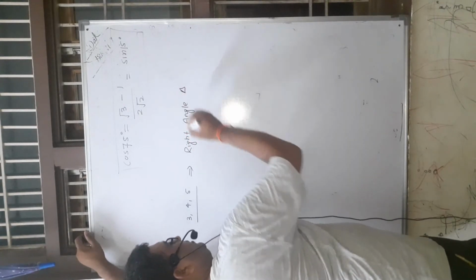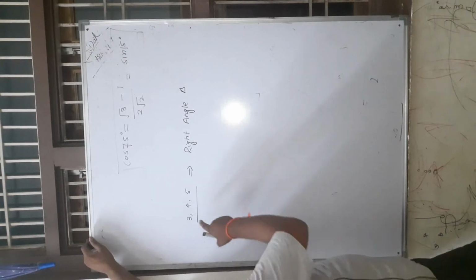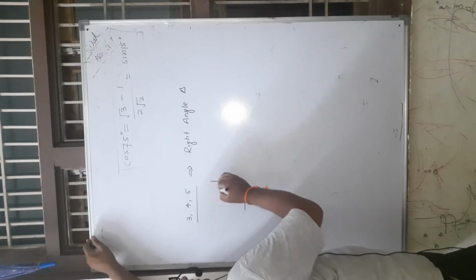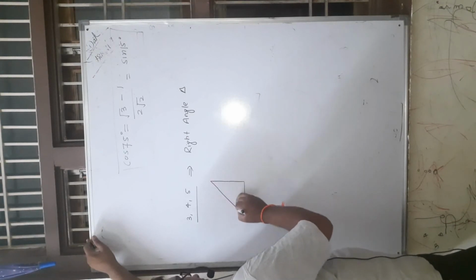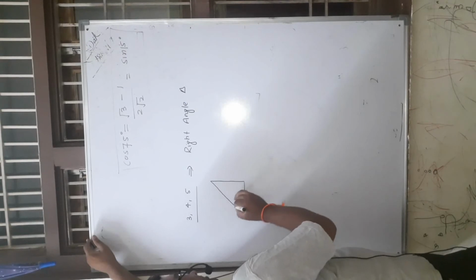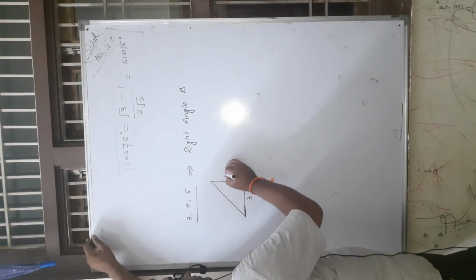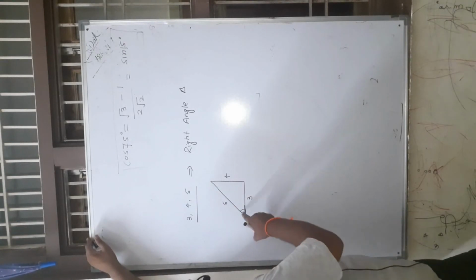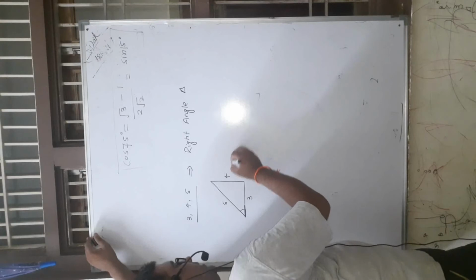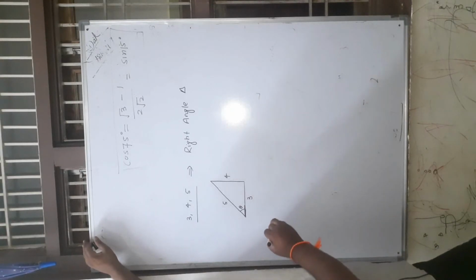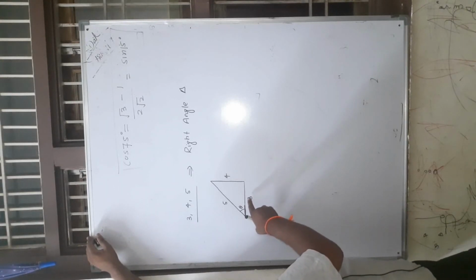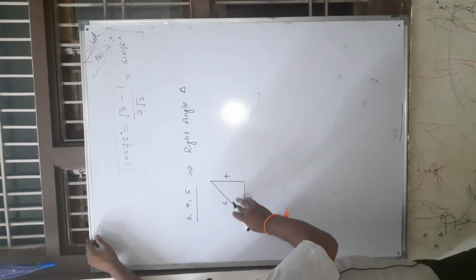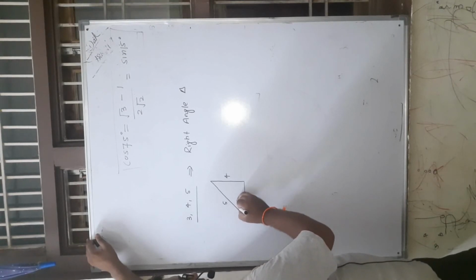One side is 3, second side is 4, and third side is 5. If you take this angle as theta, then sine theta is equal to 4 by 5, cos theta is equal to 3 by 5. So this angle corresponds to 50.